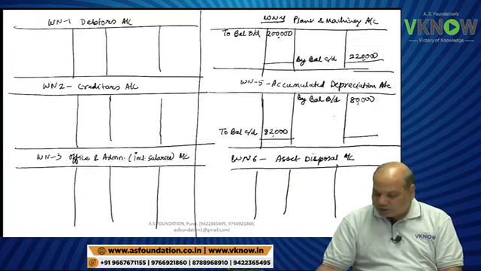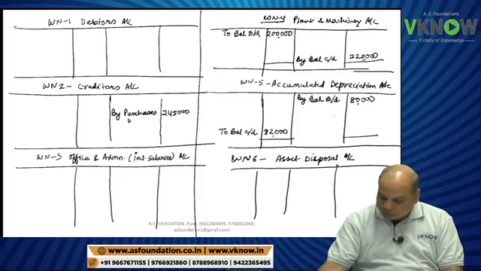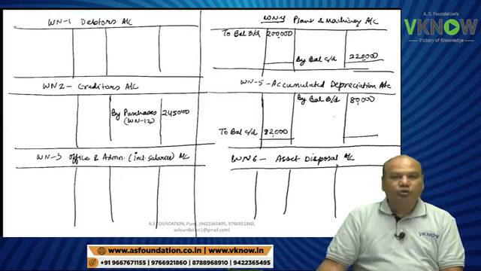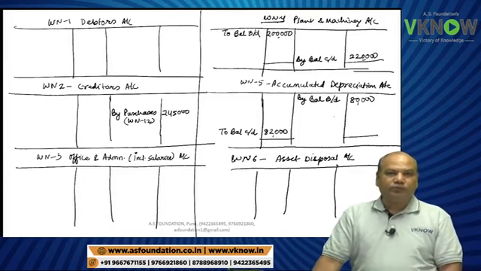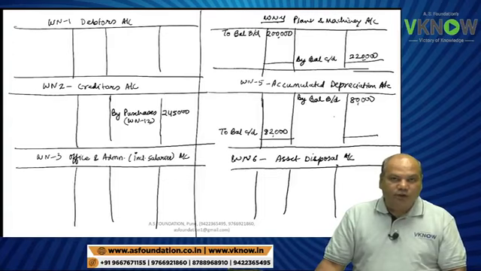You will write it in the creditor account, credit side, second line, by purchases 2,45,000, in bracket working note number 12. Later on, if you want to check how this purchase has come, then you can go to working note number 12.